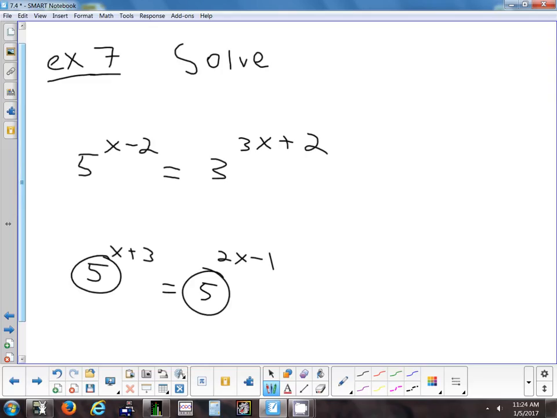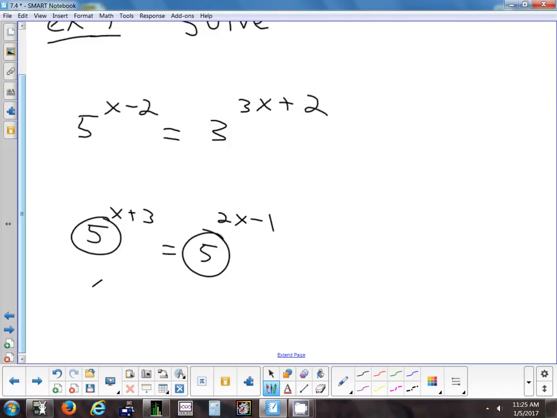Just find a number that you can plug in for x here and a number you can plug in here that would cause those two to be the same. So basically you just solve this equation, and if you can solve that, get the answer, that's the answer. But I can't just take the exponents and set them equal here because even if I get the exponents equal, the bases are still different. So that's a problem. Any questions on why I can't just set these exponents equal and do it just like this one?